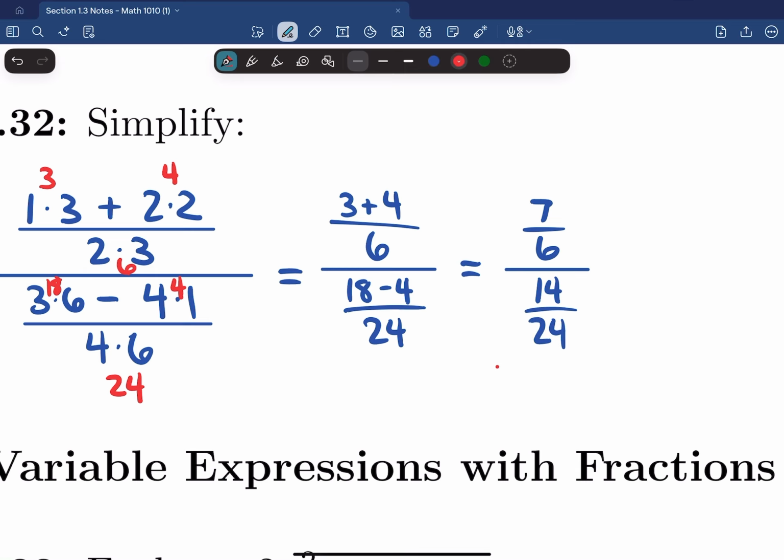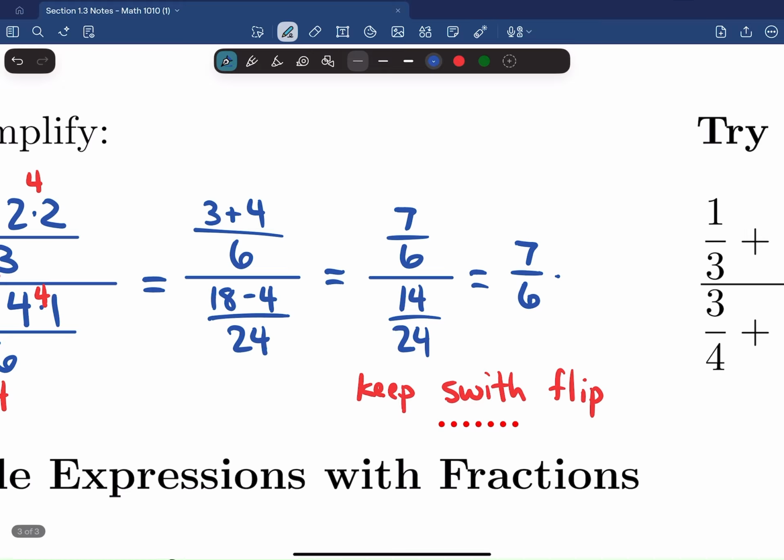Now it's time to keep, switch, and flip. So 7/6 times 24 over 14.